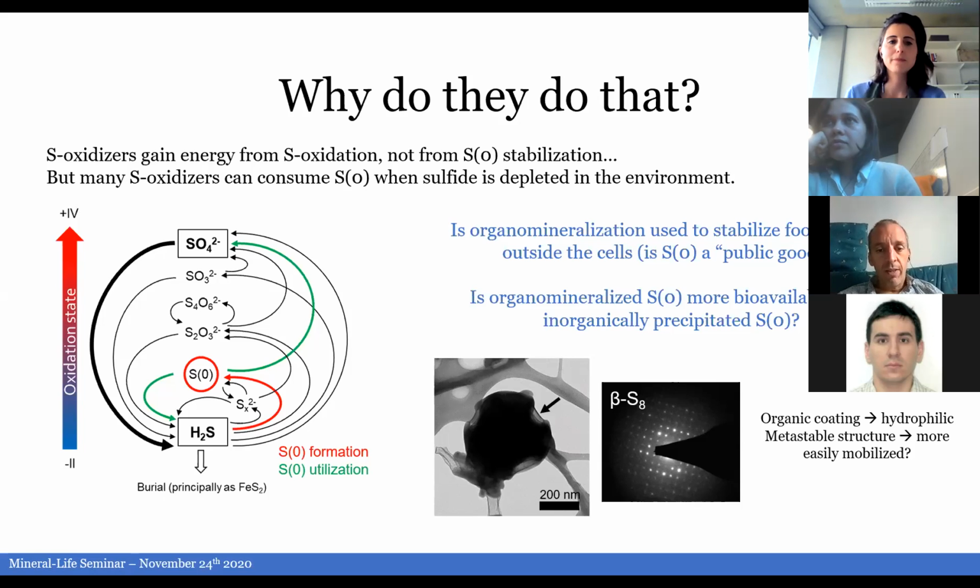And so, since you have been looking at ecosystems where you have a lot of elemental sulfur, I was wondering if you also see in association with that calcium carbonate.